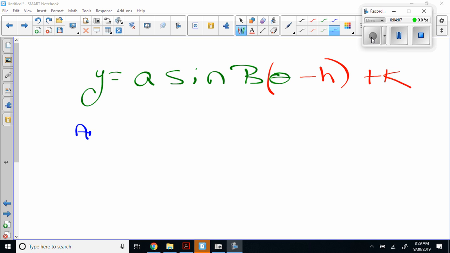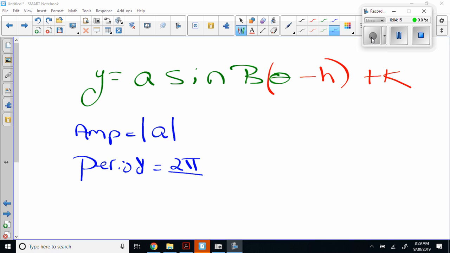Okay, so we still got what? We still got amplitude, and then we still got period, and then phase shift, right? Phase shift is describing exactly what it's saying. It's shifting the phase, so it's shifting it left or right.